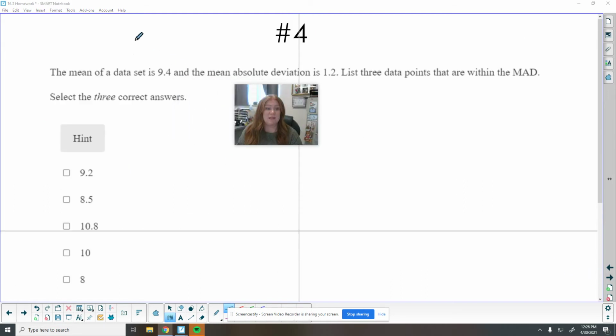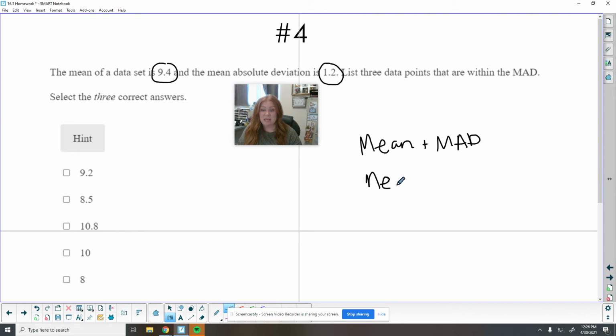Number 4 tells us that the mean is 9.4, and then the mean absolute deviation is 1.2. So we're going to list 3 data points that are within the mean absolute deviation. We can take the mean and add the MAD, and we can also take the mean and take away the MAD. So here's our mean, and it will tell us the numbers that are bigger and smaller that fit within that mean absolute deviation, those consistent numbers.